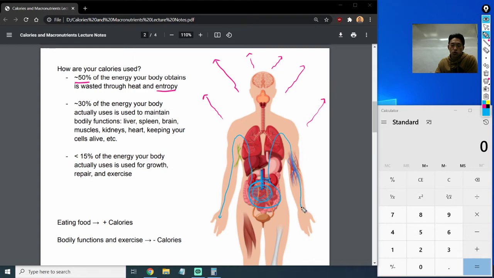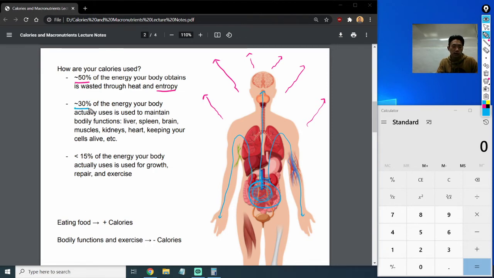And so as it travels, we lose some of that energy, and that's what entropy is. Entropy is just breaking down, randomness, disorder. So when we eat food, it's processed by our digestive system, but as it travels to different parts of the body, we lose some of that. So about half the energy that we get from food is wasted.